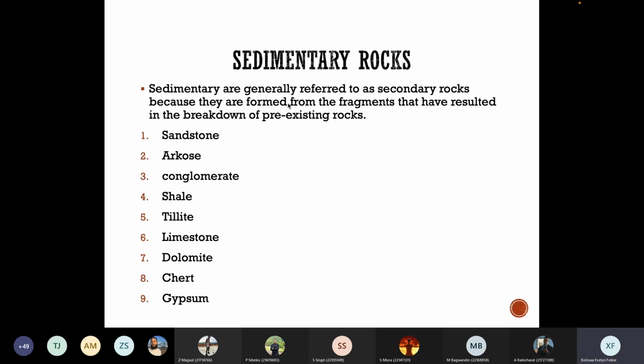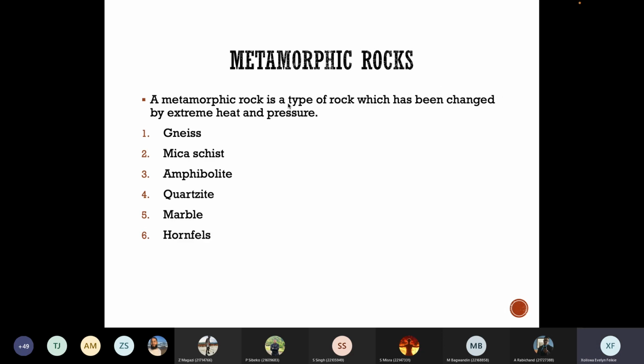Sedimentary rocks, it's the same. They're secondary rocks, and I explained why, because they are formed from igneous rocks. So your sandstone, your shale, your gypsum, your dolomite, all those types of rocks fall under sedimentary rocks. And then finally, you'll have your metamorphic rocks.